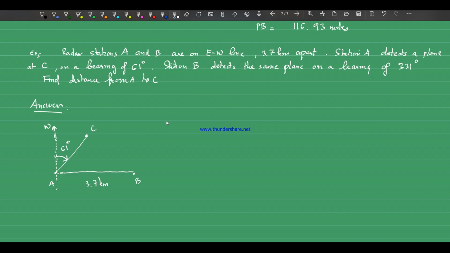And the second one is bearing 331 degrees. 331 is measured clockwise, so it's almost 360, almost a whole revolution.